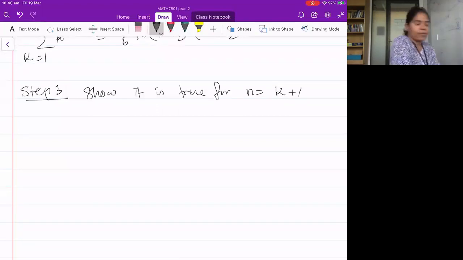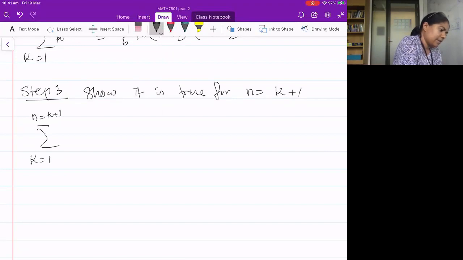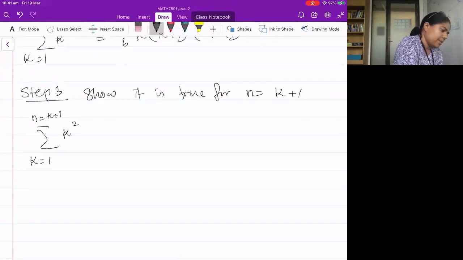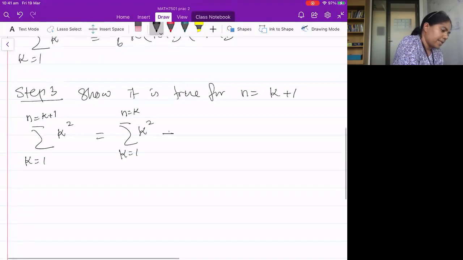Okay, so I'll start from the left hand side, which is equal to the sum up to the kth step, which we said is true. So sum of k squared, k equals 1 to k, plus the k plus 1 step.